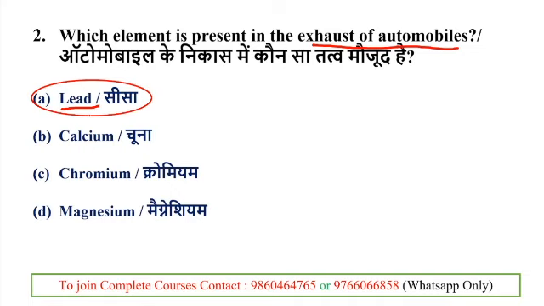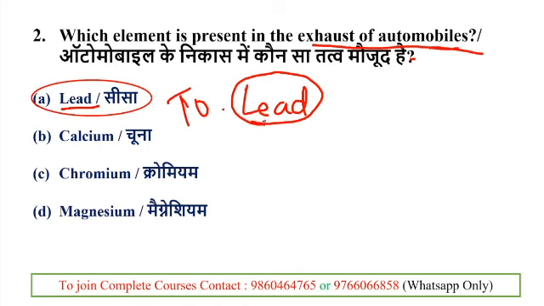This can be remembered by the automobiles that we use to lead us, that is to lead. The lead is the important element in the exhaust of automobiles. Clear? So you can remember it by 'to lead'.